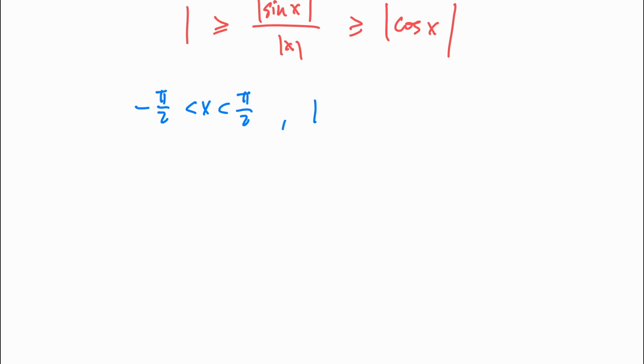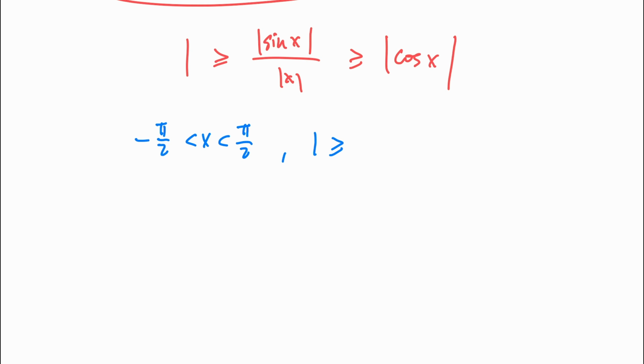And so we can just get rid of the absolute value sign, because none of these would have a sign change, or they would have the same sign overall. Although sine x might be negative, when sine x is negative, x is also negative, so their quotient would just be positive and our sign doesn't need to change.